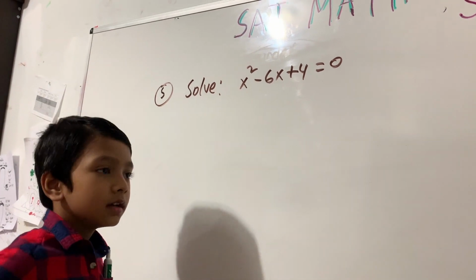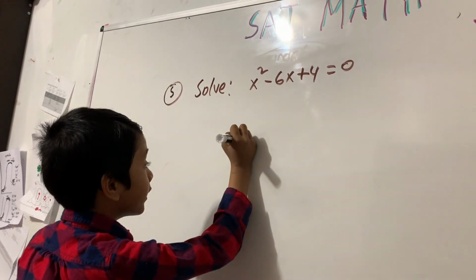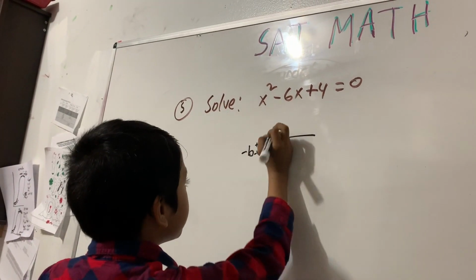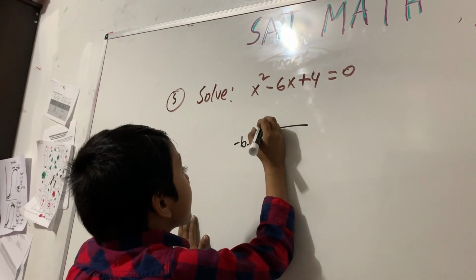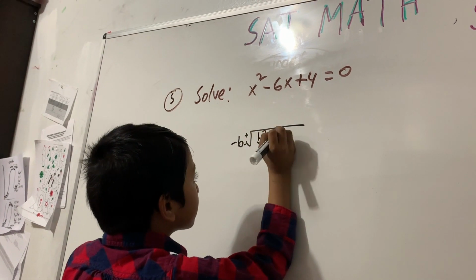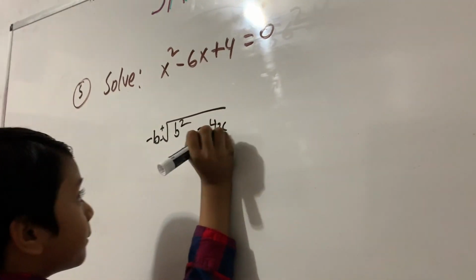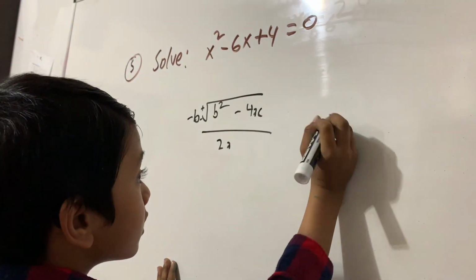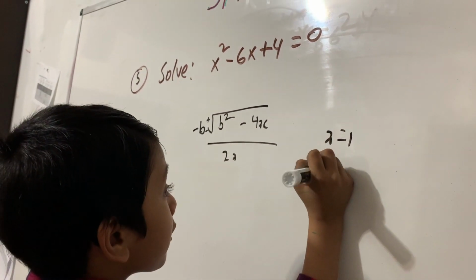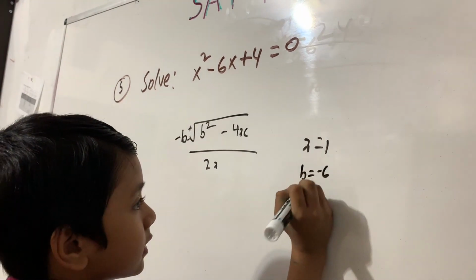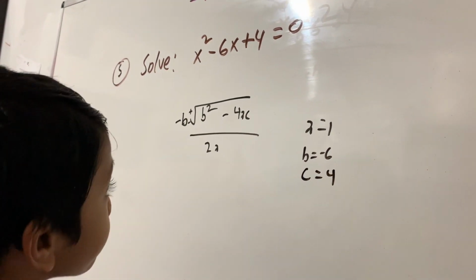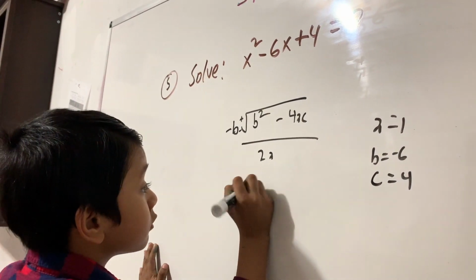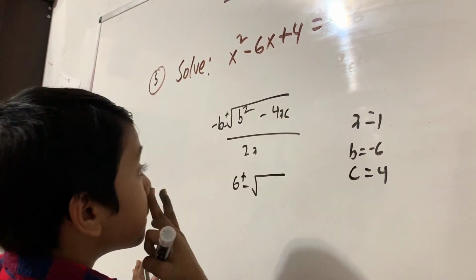Now number 6. Wait, first, if you don't know quadratics, it's minus b plus or minus the square root of b squared minus 4ac, divided by 2a. And our a here is 1. Our b here is minus 6. And our c here is 4. So minus b, minus minus plus, so 6 plus or minus.